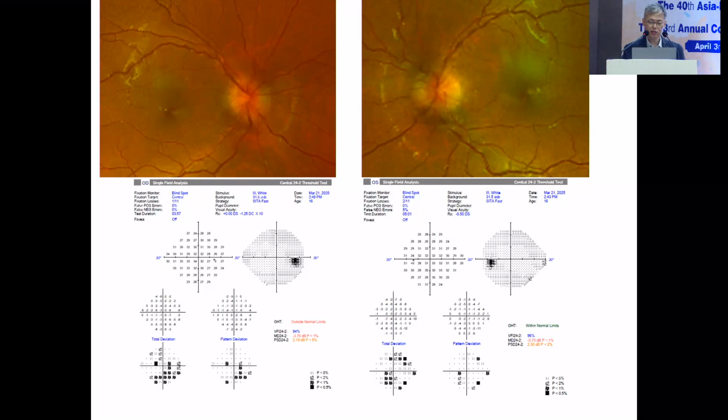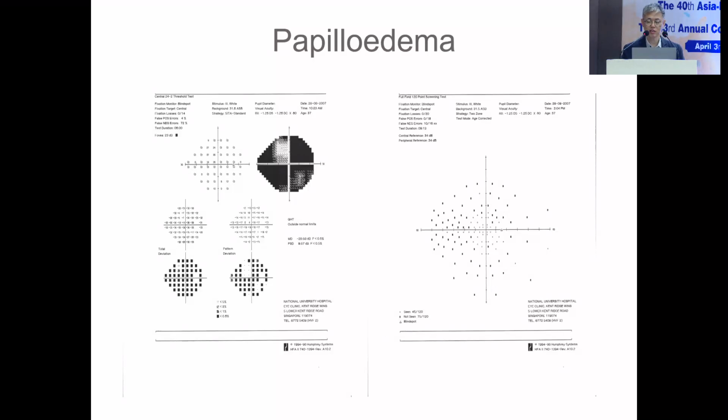So I put this here to highlight that papilledema can give you almost any type of visual field defect and not just the enlarged blind spot. These are other examples of papilledema where you just see generalized constriction, which I've put there on the 120-degree visual field, generalized constriction of the visual fields, and maybe just non-specific visual field loss, which you can see on the 24-2 visual field there.